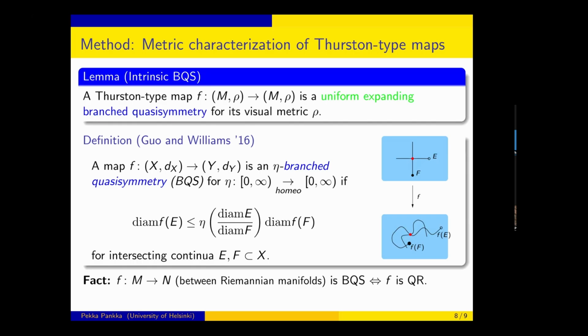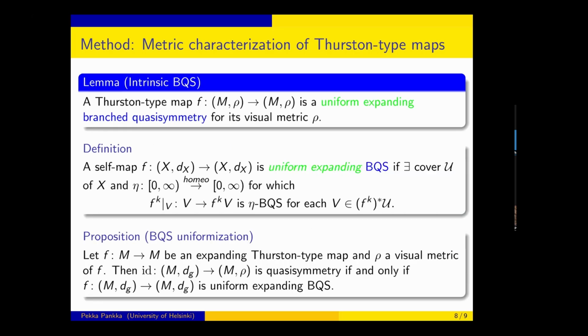But I find this very interesting because I have spent essentially my whole adult life looking at QR maps, and now this is a very simple looking condition to work with quasi-regular maps. The dynamical version comes from using a covering argument.